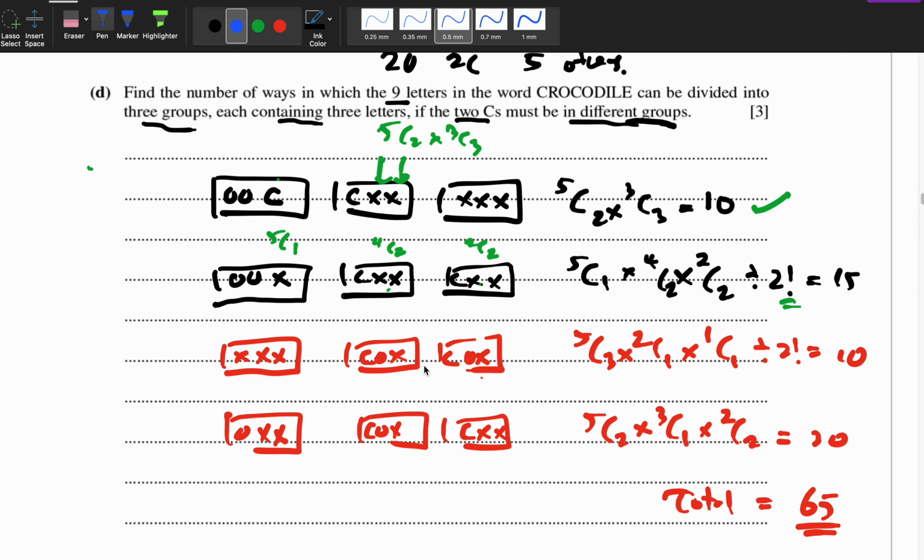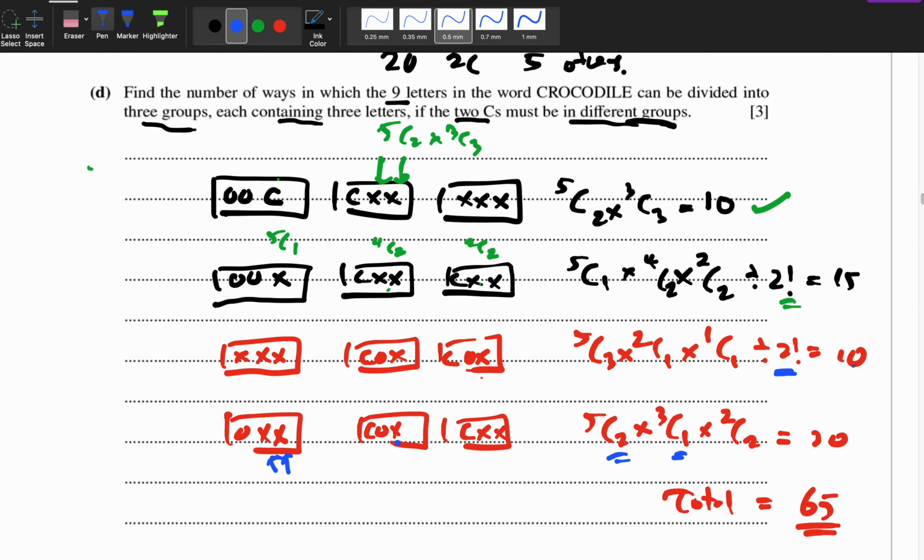And the CO, these 2 repeat, so divide by 2 factorial. But be careful of this because 5C3, 2C1, 2C1 is this one. And the last one is the one we had to make the selection. This one you had already take care of by using this. The last one go to this.